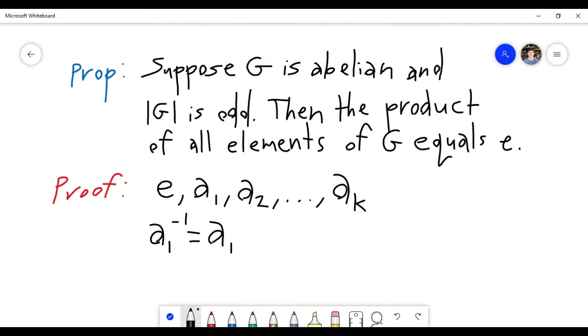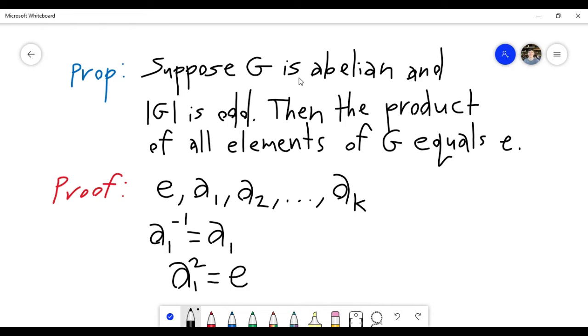And this actually gives us a problem because if we think about powers of a1, a1 and then a1 squared, well, a1 squared is actually the same as a1 times a1. And this has to be the identity.